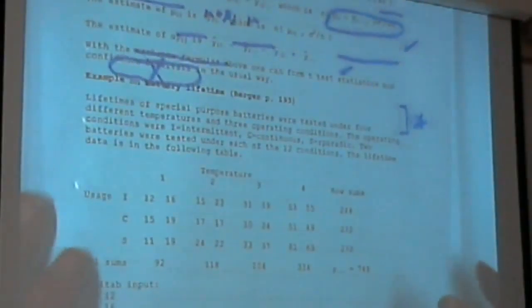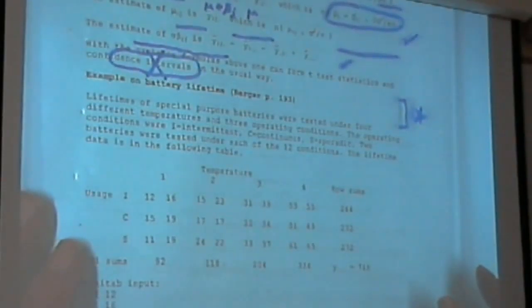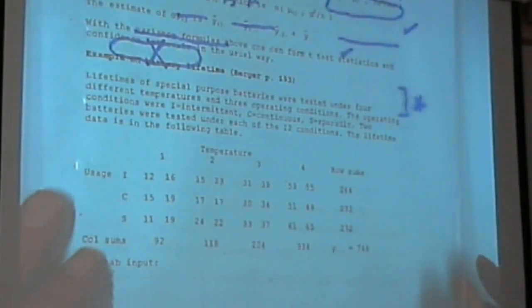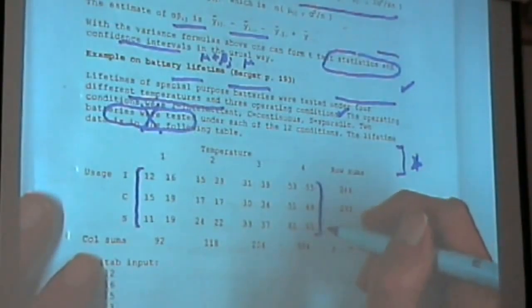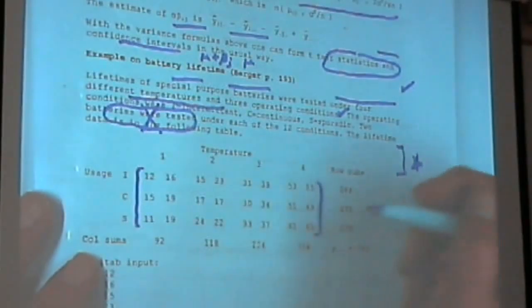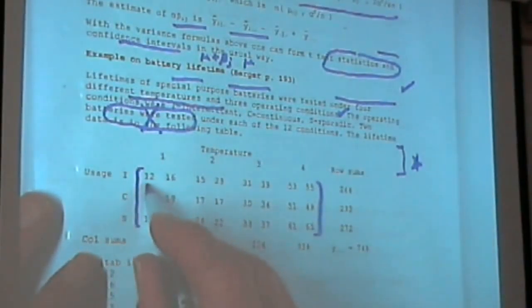Here's another example on battery lifetime. So here's the data. It's got 3 rows and 4 columns again, but nonetheless, there it is. We have 2 observations in each cell again.